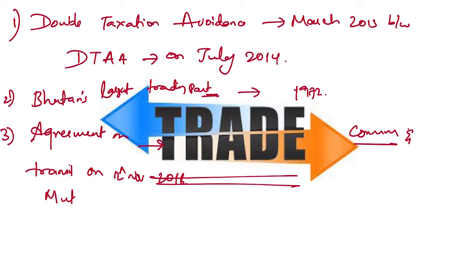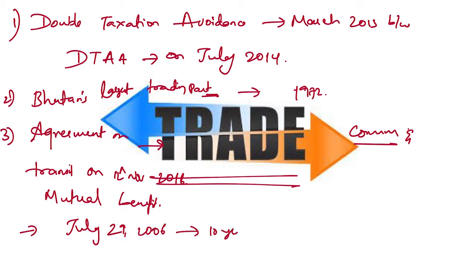So this provides for a free trade regime between the countries that is aimed at boosting the bilateral trade for the mutual benefit. It was last renewed on July 29th, 2006 for 10 years, and the validity of this agreement was extended for one more year or till the new agreement comes into force through the exchange of diplomatic notes.